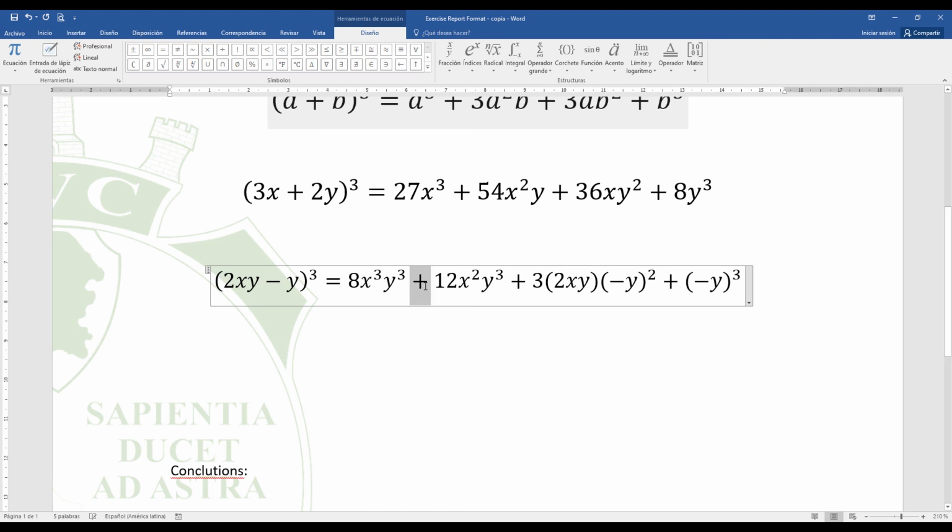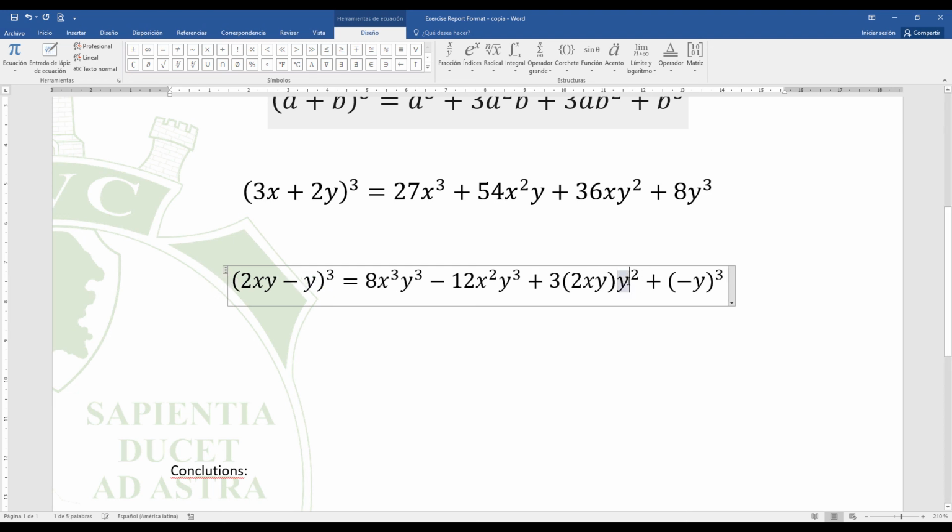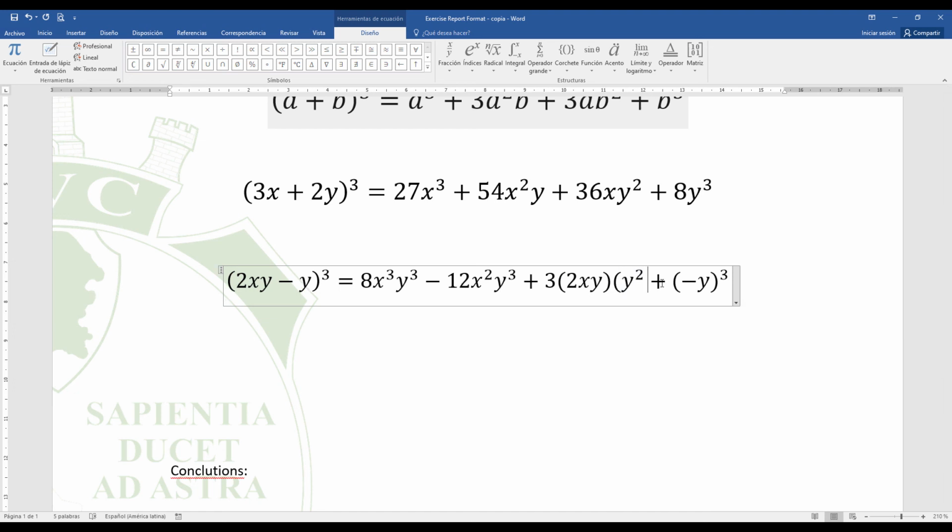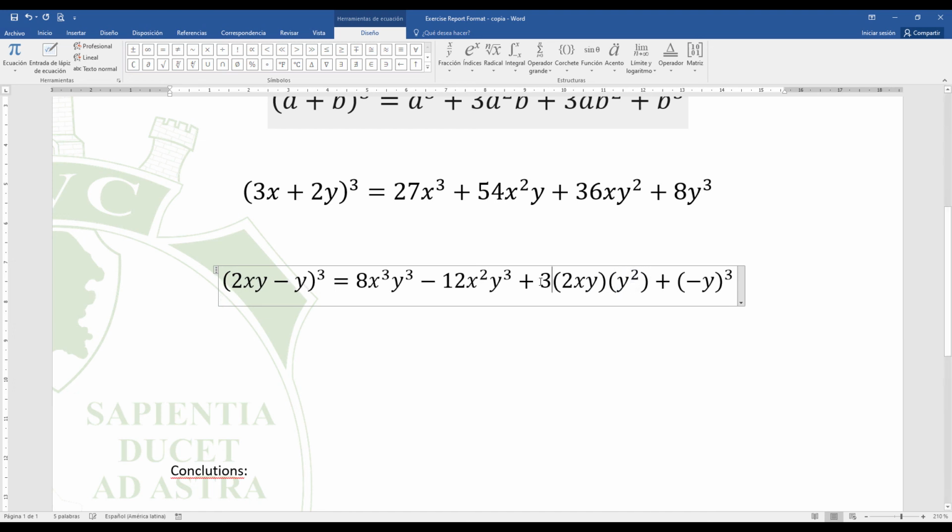But you need to change that sign, because we have minus y. Here this is minus y squared, so this is y squared. And you need to multiply 3 times 2.